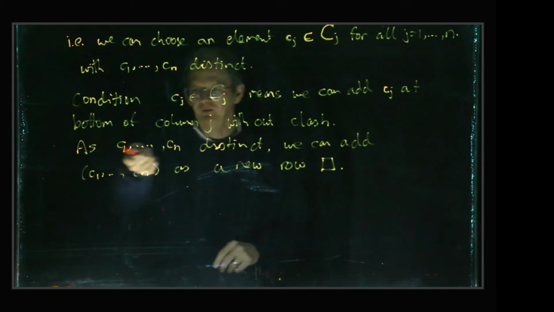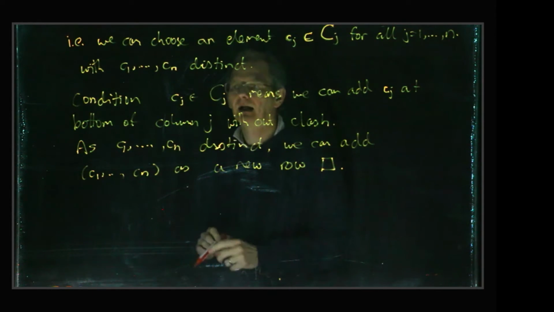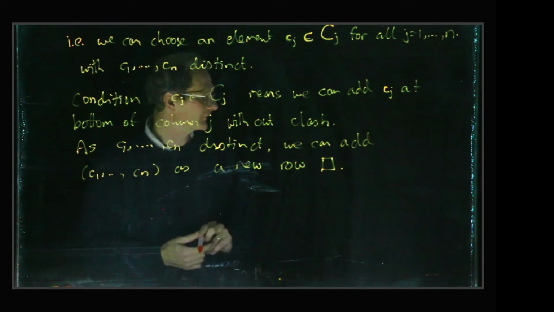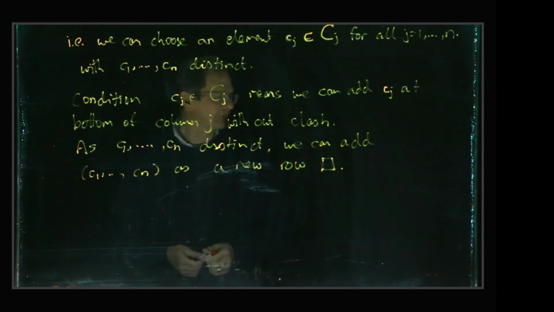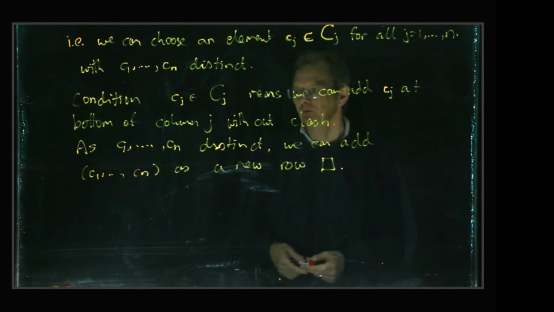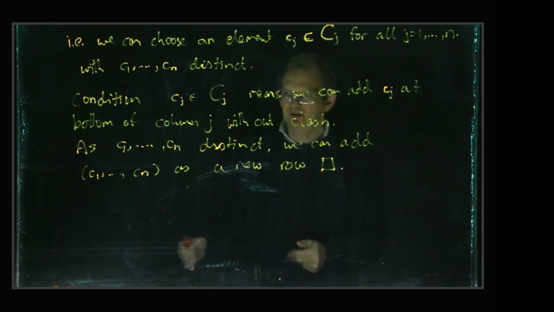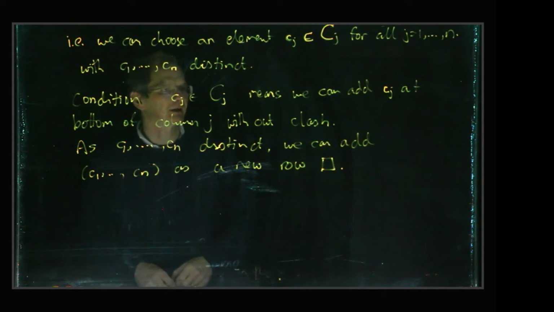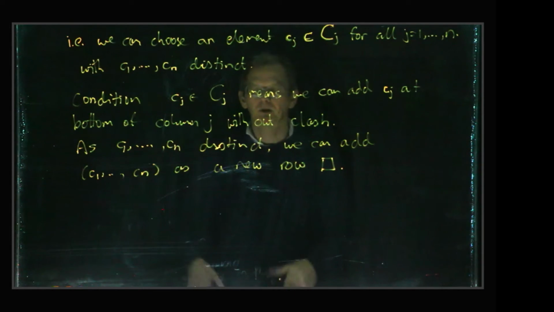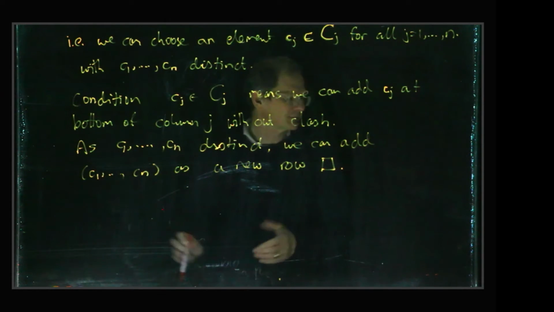Because these are all distinct, we don't create any repetitions in the new row, and because of the cj in CJ condition, we don't create any repetitions in any column. So once we've added this row, we've still got a Latin rectangle. Here we were assuming we had a Latin rectangle of width n and height p. Now we've extended it to height p plus 1. But we can just keep on doing it until we've got height n, which makes it a Latin square.